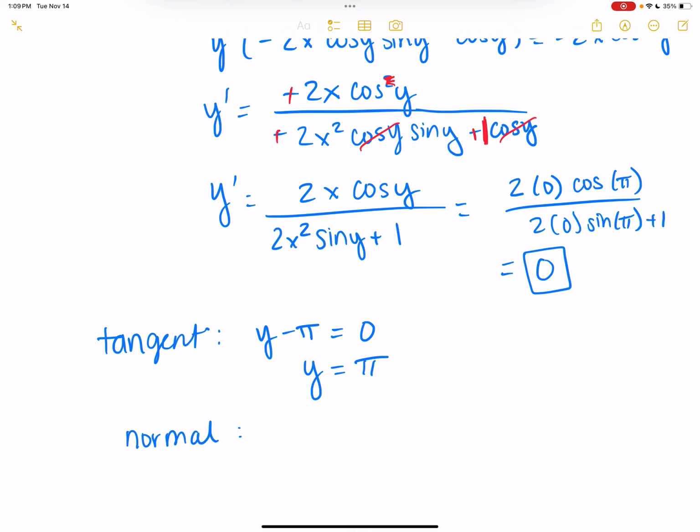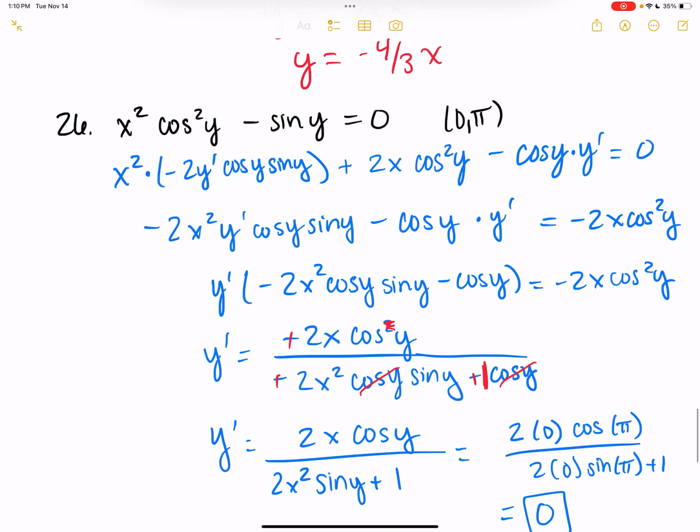I asked you a trick question. I gave you false information. Normal and tangent have to be what? Perpendicular. So what does that mean the slope would have to be? Negative. If I had a 0 slope, what is this slope? Undefined. So x equals 0, because it had to go through this point.